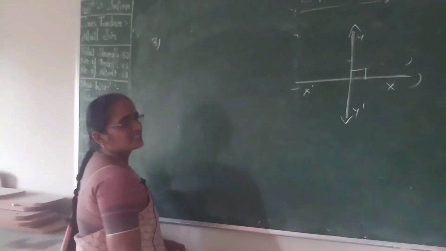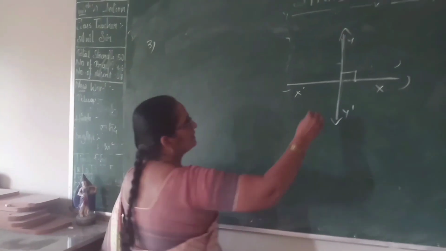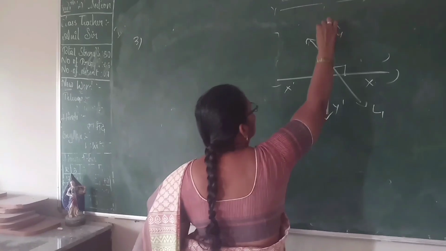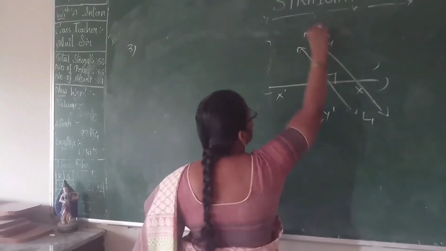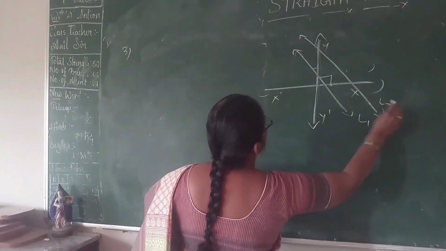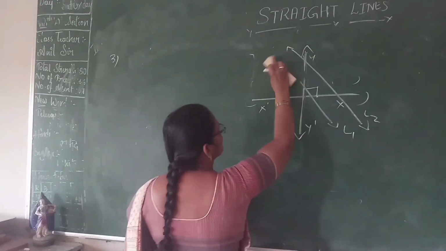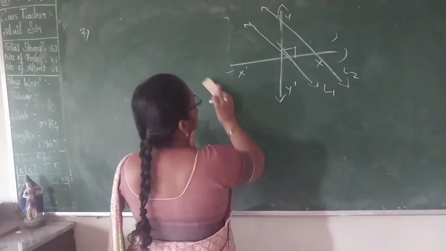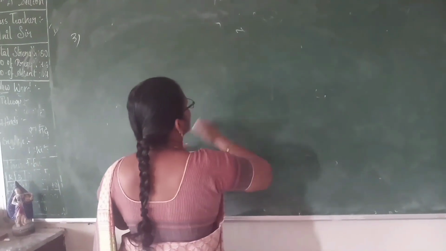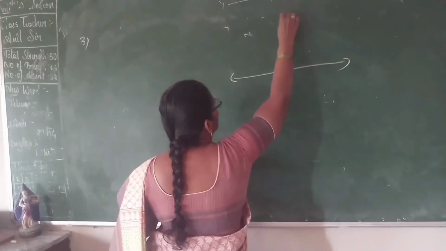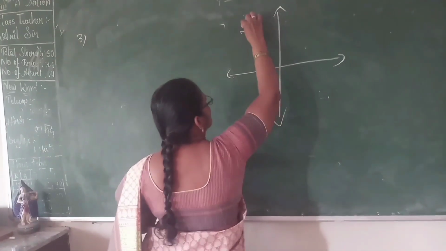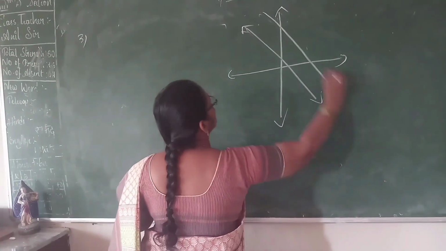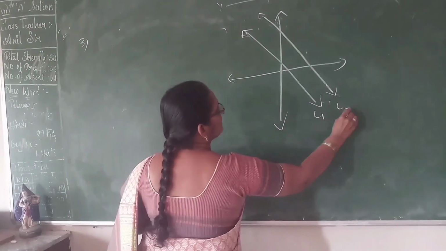If we consider 2 lines, one line is like this, this is L1. Another line, this is L2.